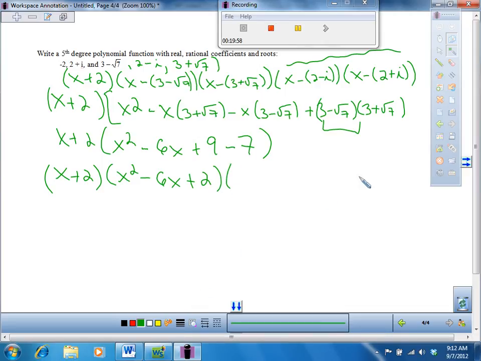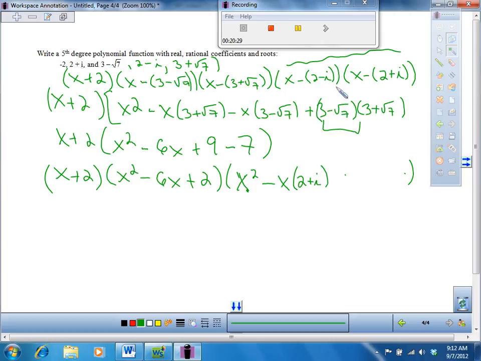Then I FOIL this part. Okay. And when I FOIL that part, I better make my parentheses bigger. So when I FOIL this part, my first term gives me x squared. My next part, I just want to show you how this works. Minus x times 2 plus i, right?